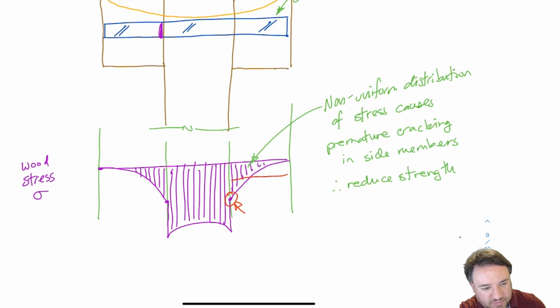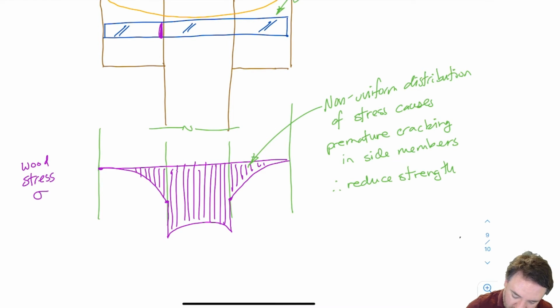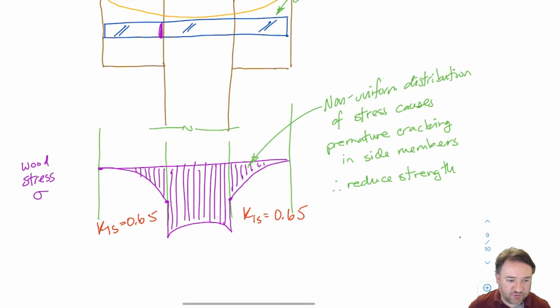That means that I'm going to fail and crack earlier than if I had a uniform distribution of stress. So for that reason, we apply a strength reduction factor for this member in the connection of 0.65. And same thing over here, KLS equals 0.65 to account for this non-uniform distribution of stress.